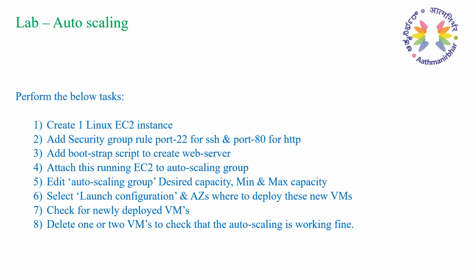What is the benefit? The overall benefit of auto scaling is that it eliminates the need to respond manually whenever the real-time web traffic comes up. At that point of time, we need not manually create a new EC2 instance to manage the web traffic.